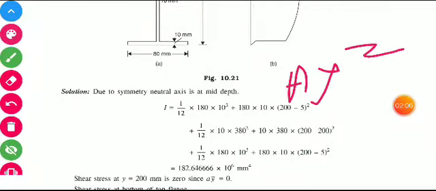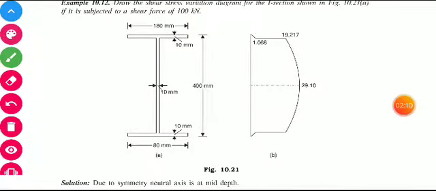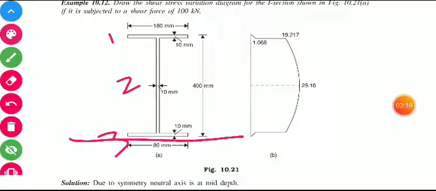Here we divide this I section into three rectangles, 1, 2 and 3, and we take measurements from the CG. Due to symmetry, the neutral axis lies at the mid of this particular section. So we need to determine the value of y bar.